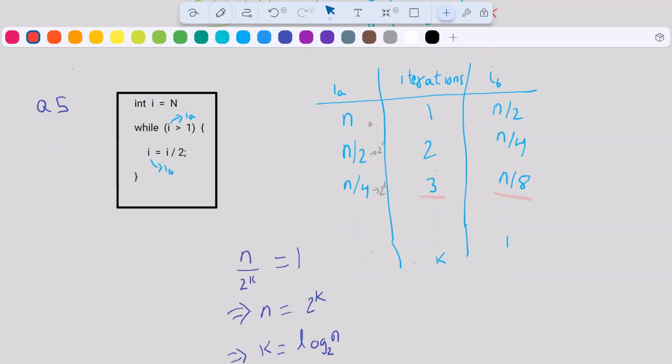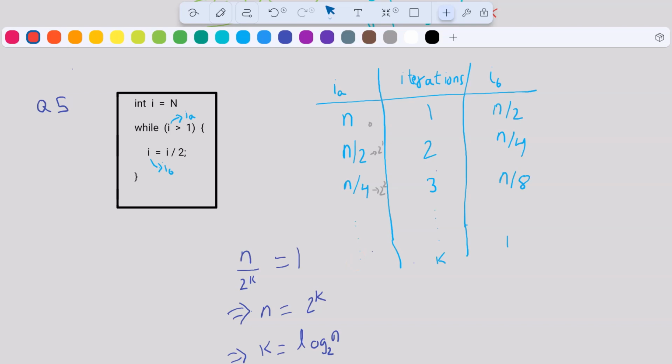If you proceed further, you can assume that it will run for k iterations. After that, I will become 1 when n is divided by 2 to the power k minus 1 times.